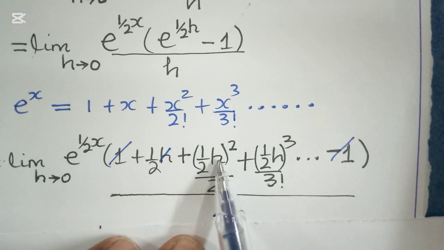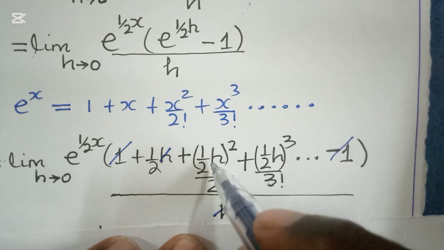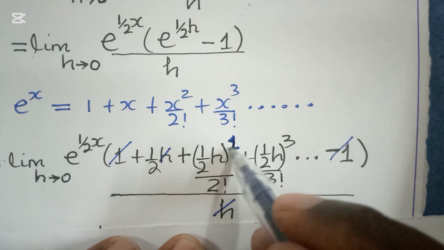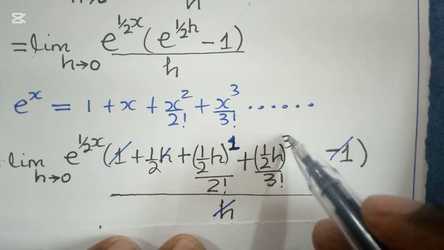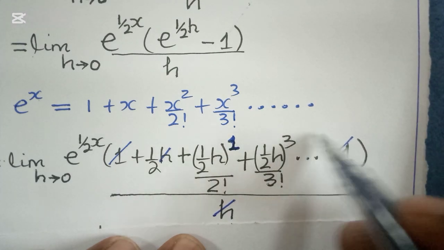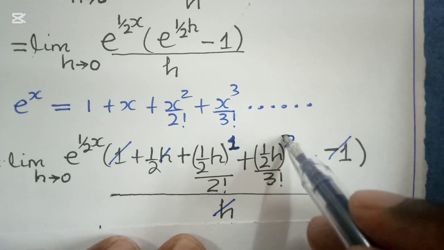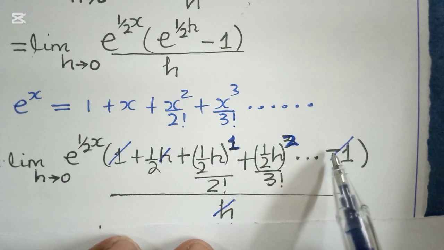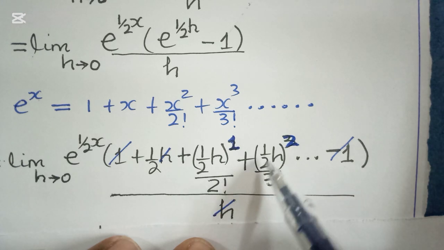When you divide by h, you have one h less. So this one is now going to be h raised to 1, and for this we are going to have h raised to 2. And so on. The next one will have h raised to 3 after we have cancelled one of the h's.